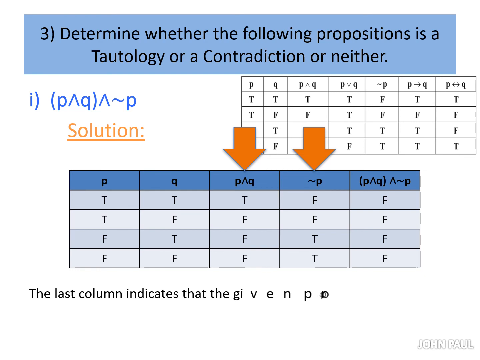The last column indicates that the given proposition is a contradiction because the last column all are false. If all are false, it is contradiction. If all are true, it is tautology. If both are there, it is neither tautology nor contradiction.